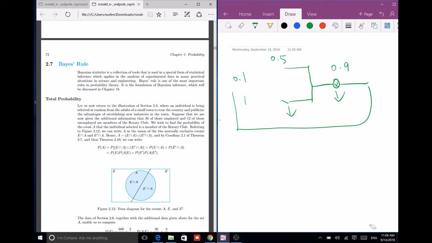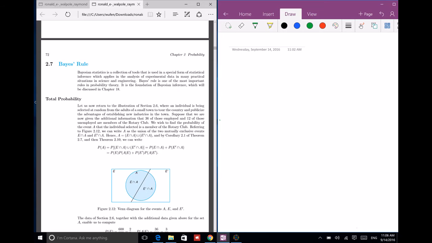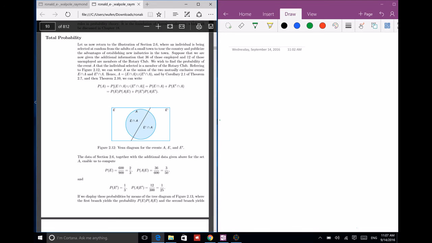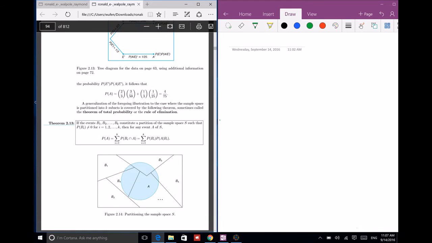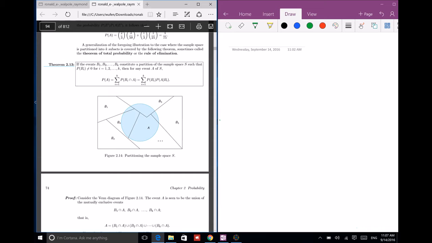Okay. Now let's look at this section. You can read this total probability example. I would like to ask you to look at this picture first. Basically, this picture has an event A, but the event A is divided into different parts.